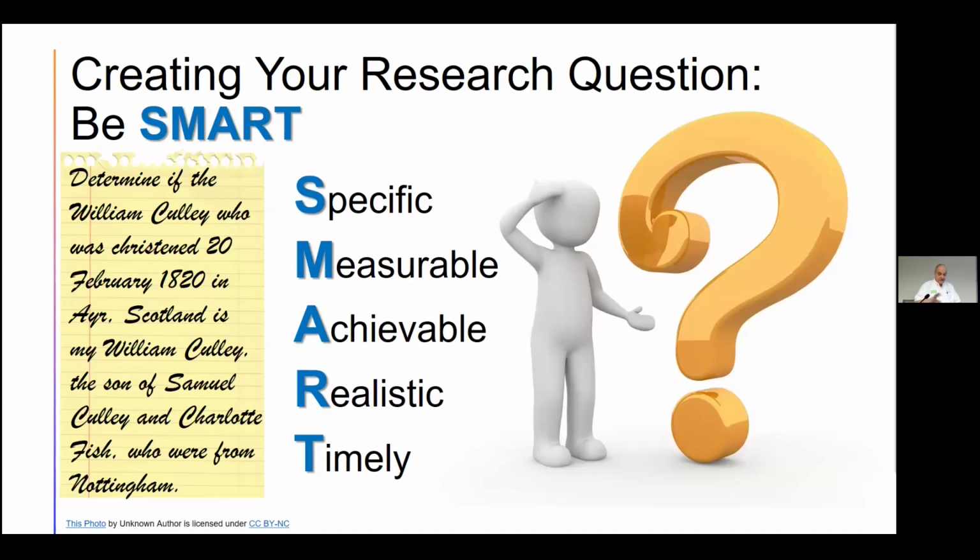Now, one other thing to talk about on that, why I was taking a sniff test on this. Samuel Cully was what was called a framework knitter. This is the lowest job you could get in Nottingham. It's a cottage industry. You had this big machine to knit on, a big, huge thing, about as big as half this room.